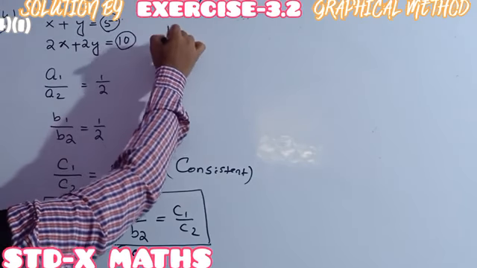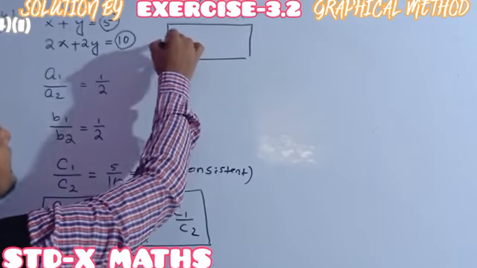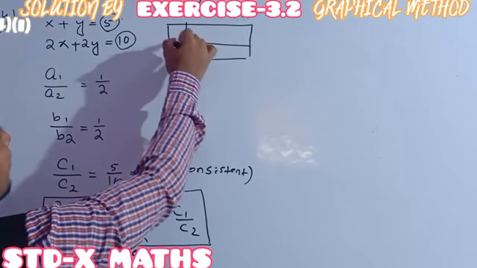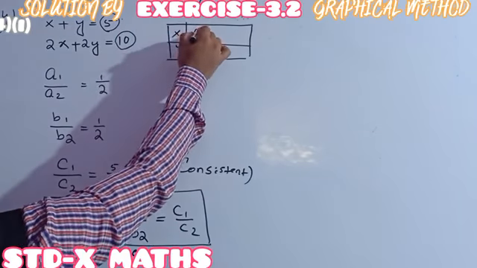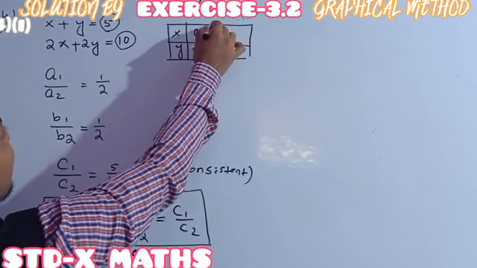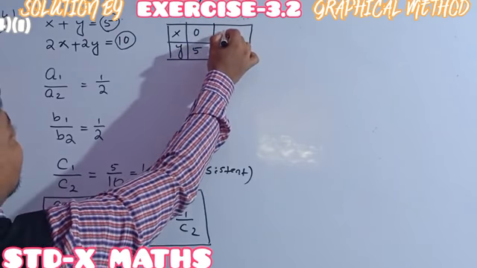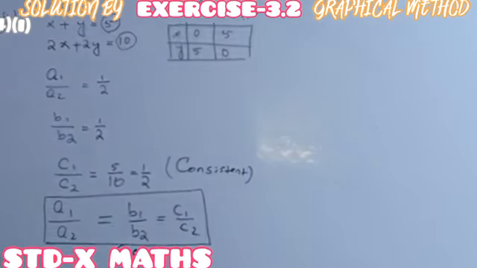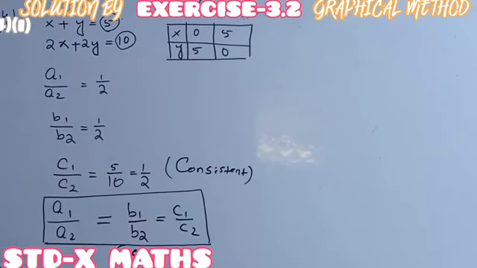Before getting the graphical representation, we must form a table, and in the table, here it is x, here it is y. On putting x equal to 0, we get y equal to 5, and on putting y equal to 0, we get x equal to 5. So for the graphical representation of the first one, we got the 2 points.